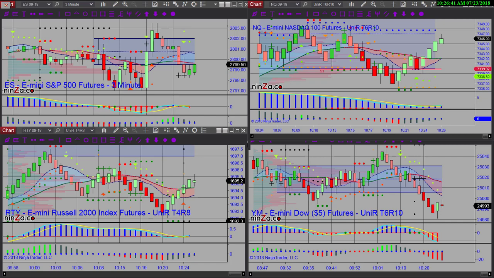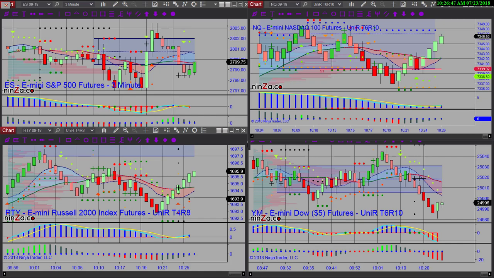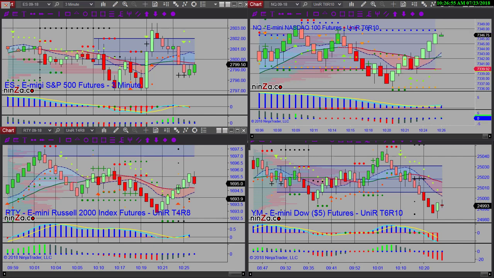Okay, Nasdaq's in rally mode here, going back up towards an intermediate high, 73.48 to 50. I'm seeing the possibility.